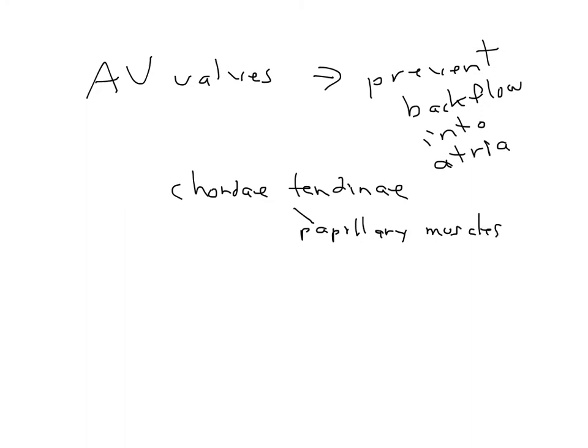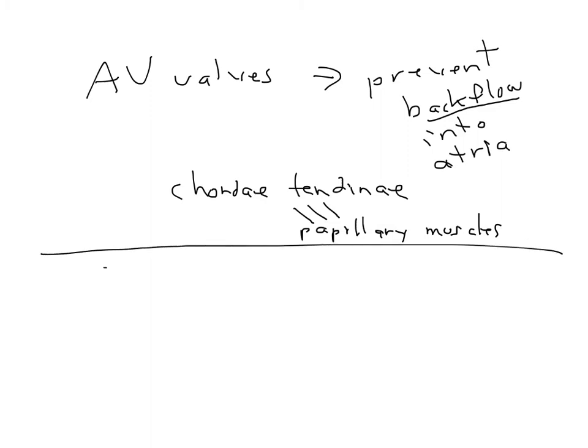The chordae tendineae again prevent the reverse blow up of the valves into the atria, which would lead to that backflow that we don't want. So when they shut, the chordae tendineae pull tight and prevent them from reversing their position into the atria. Keep them pointed in the right direction.